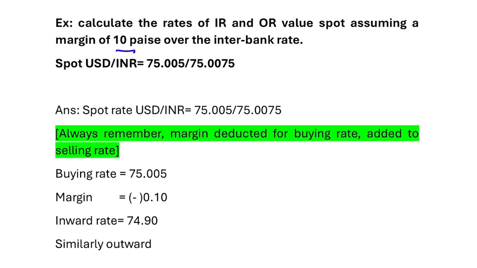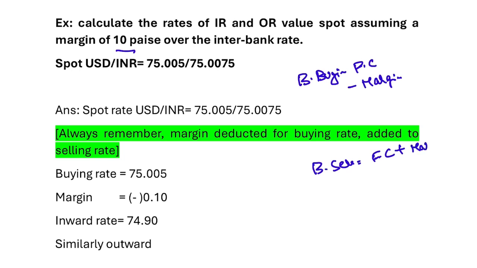When the bank is buying foreign currency, then they will deduct the margin. When the bank is selling foreign currency, they will add the margin. Got it? Margin is deducted for the buying rate, added to the selling rate.